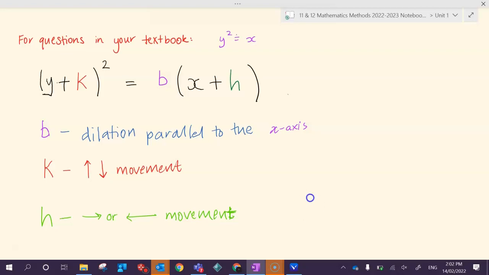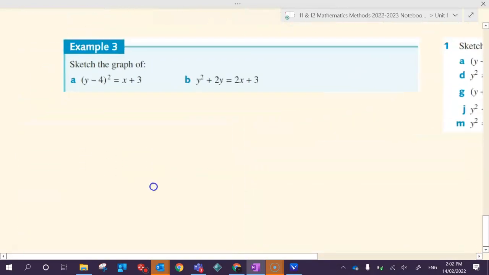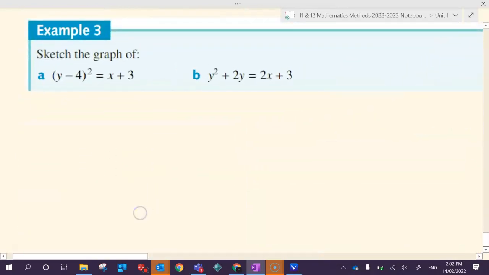And so you'll see where they've written it down. Oh, we haven't got to that yet. Let's do it down here. Let's actually have a look at an example. This will make it easy. So if I wanted to sketch that, what is going to make this value, y minus 4, make that bracket equal 0? y would equal 4.